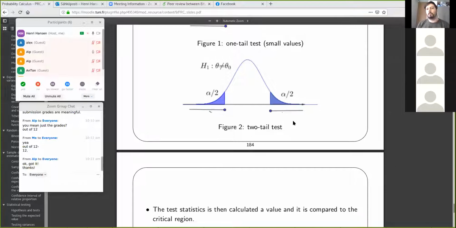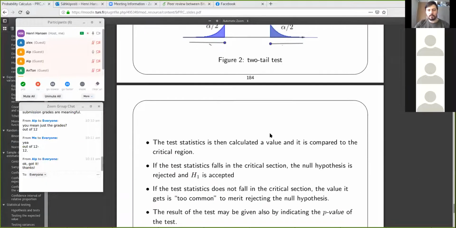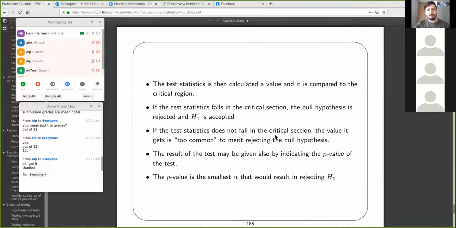Usually, when you see this without mention of any p-values, then the alpha they use is 0.05. That's 1 in 20. I'll shortly show you some critique of this, but not quite yet. It means that the result is too common to merit rejecting the null hypothesis.